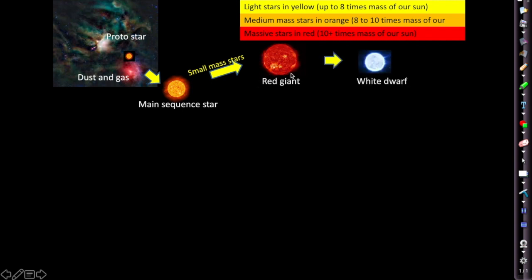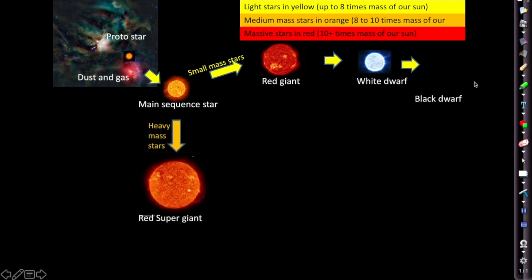And once it's used up all of its fuel, it's going to start to shrink back down again into a white dwarf. So the force of gravity would pull that back into a slightly smaller size. And as it keeps cooling down, it keeps on using the last of its fuel. Eventually, it's just going to fade away into what we call a black dwarf, where we can't see it anymore because it doesn't give out light. So that's the pathway of our lightest stars, like our star.